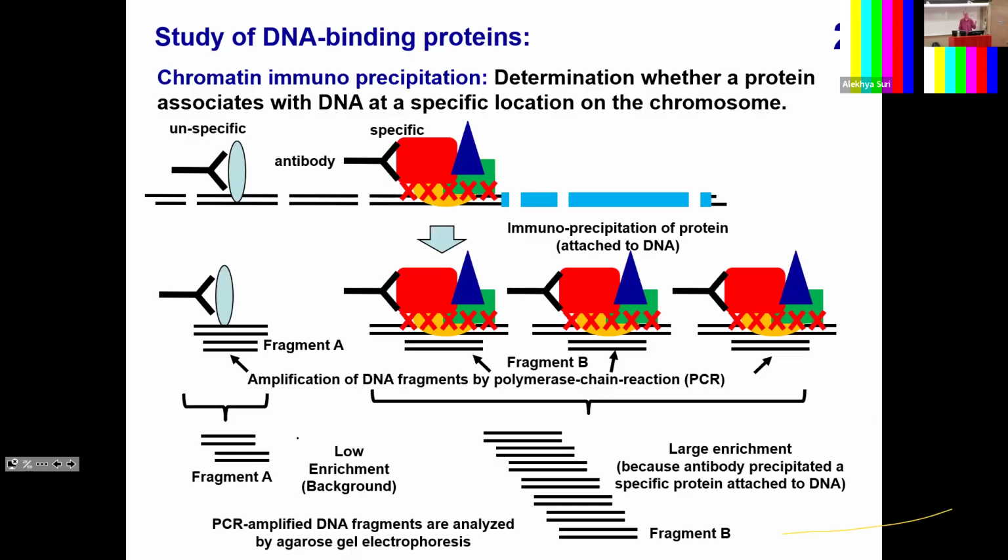also reversing the cross-link and then doing a polymerase chain reaction, amplifying the DNA fragments that bound to the protein complex. So this method will allow you to tell whether a specific protein complex binds to a specific location on DNA.